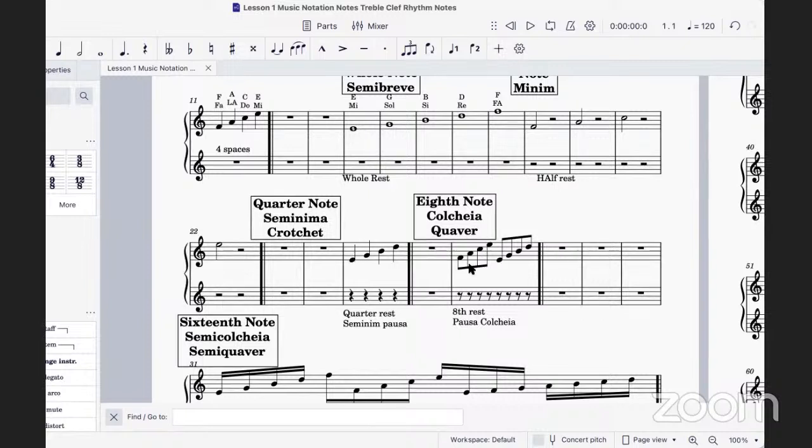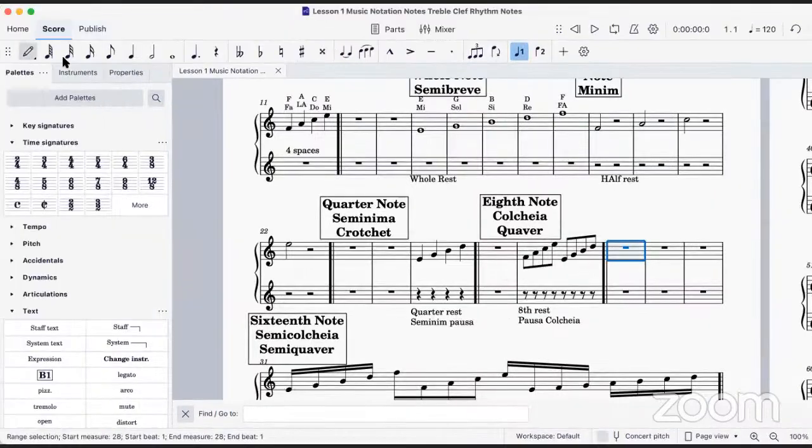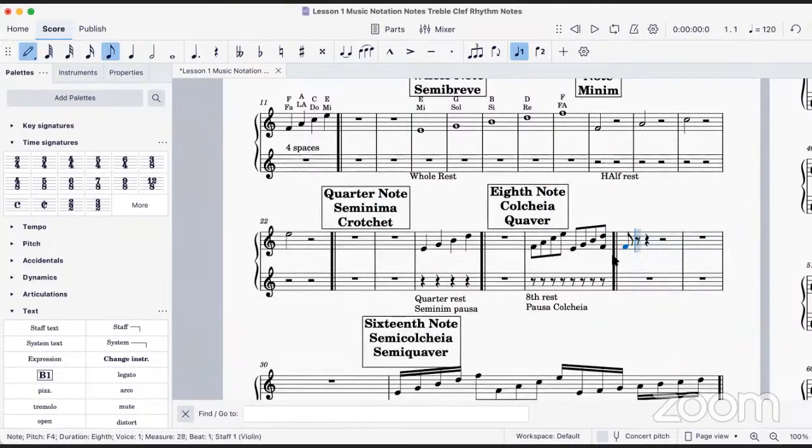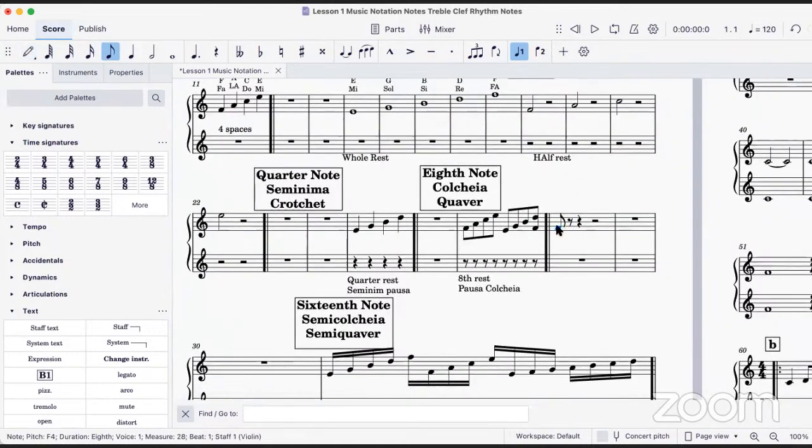Head and the stem. Eighth, let me just write an eighth note here. One eighth note has head, the colored head, stem, and crochet, or that flag.